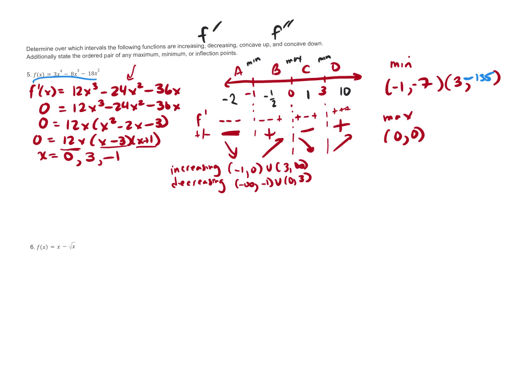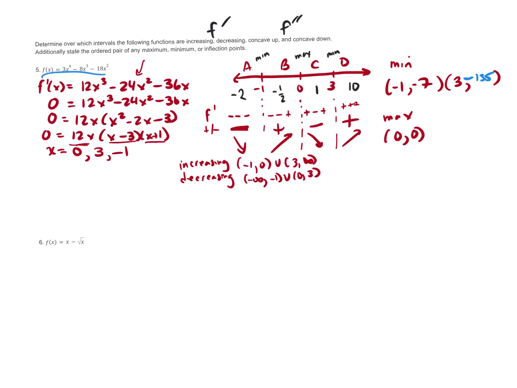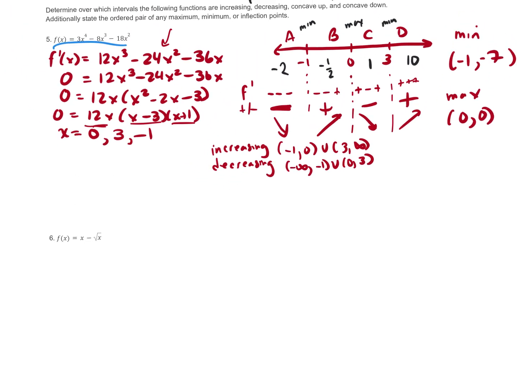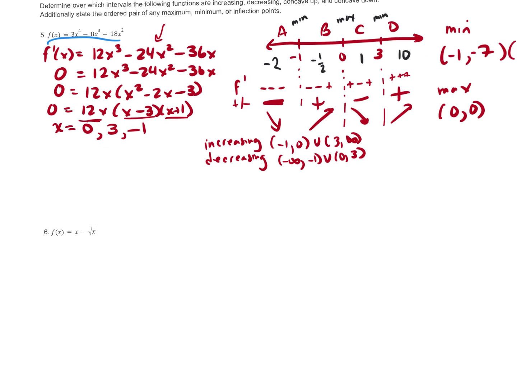So essentially concavity will be the same idea, except I'm going to use the second derivative instead of the first. So let's keep going from here. My second derivative, f double prime of x, is going to be 36x squared minus 48x minus 36.